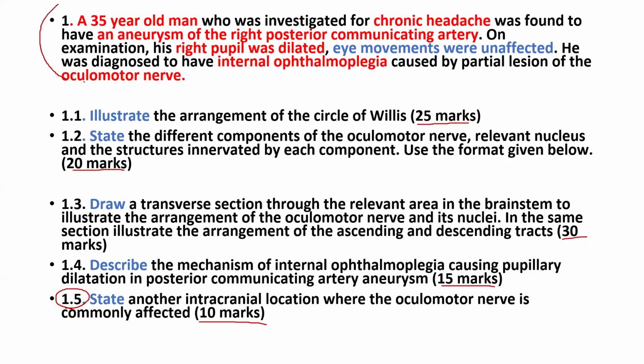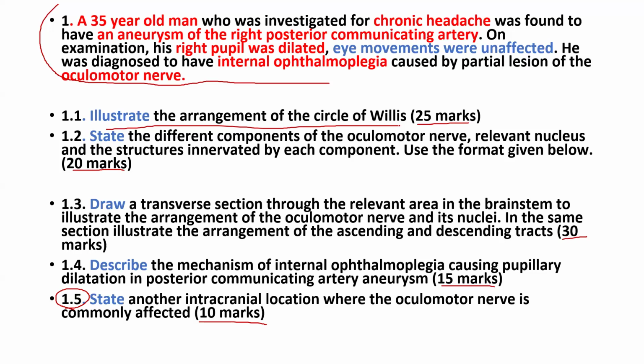So if you don't know anything about this clinical scenario, you can still answer this question if you know about the circle of Willis. Now, what is it? It is the main center located in your brain which regulates the blood supply for all parts of the brain.